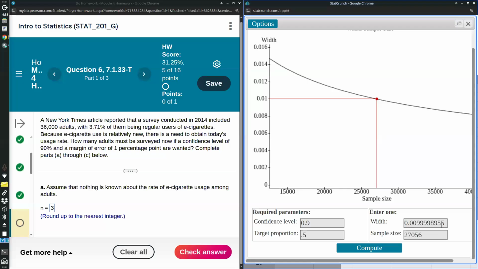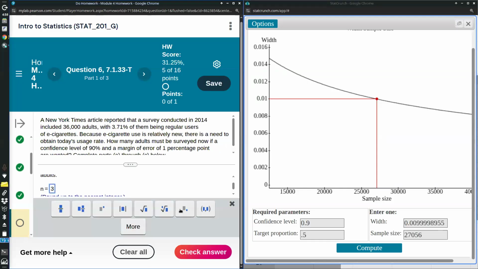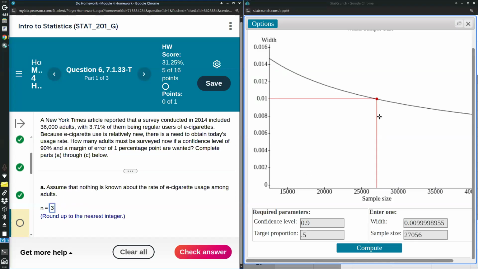Notice this isn't perfectly 0.01, but it's very close. Let's try this number. I'm always a bit forgetful on using StatCrunch on this specific feature because it only comes up in this one specific module in this one specific setting for proportion stats.